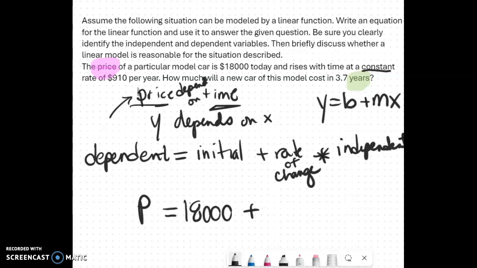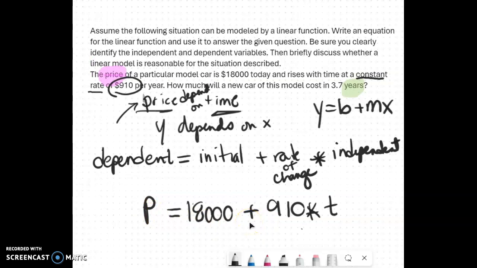Remember, the book talks about a constant rate, and when you have a constant rate, that's when you have a linear function. So a constant rate, $910 per year. So 910 times the number of years, so times t. You would write it like this. The dependent is the p, and the independent is the t.